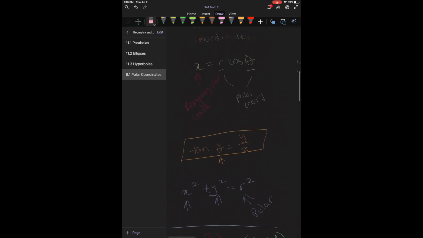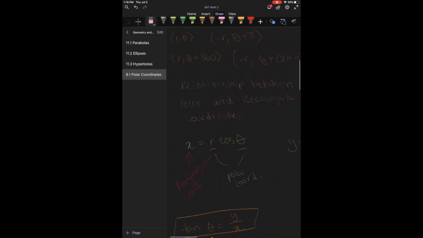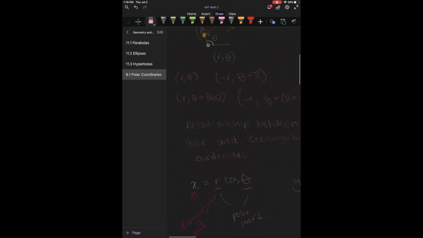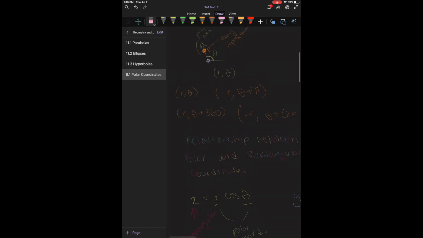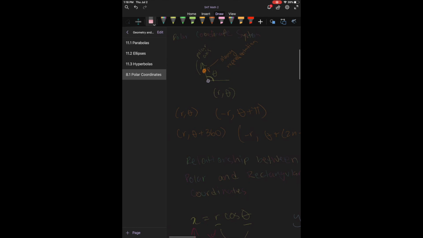We talked about the relationship between the two. And we talked about how there are so many different ways to represent one single point as polar coordinates, whereas there's only one way to represent a point in rectangular coordinates.